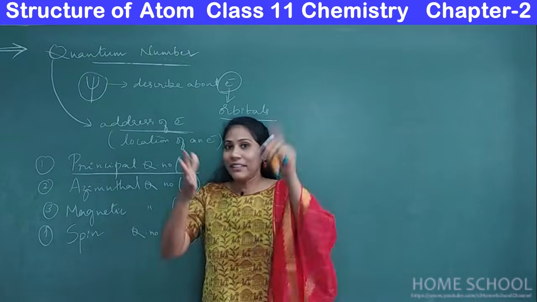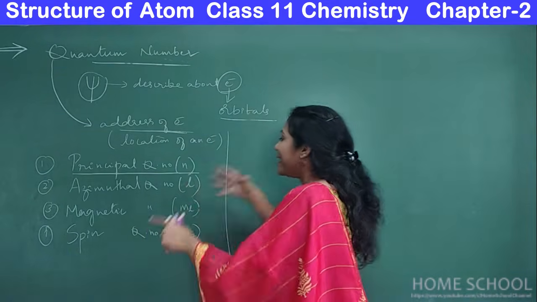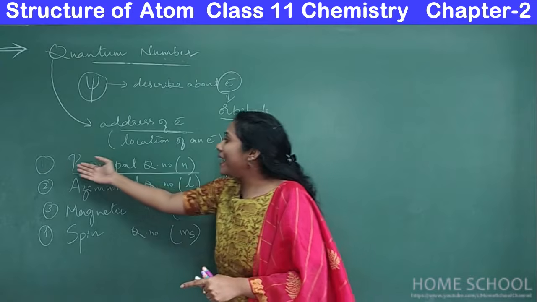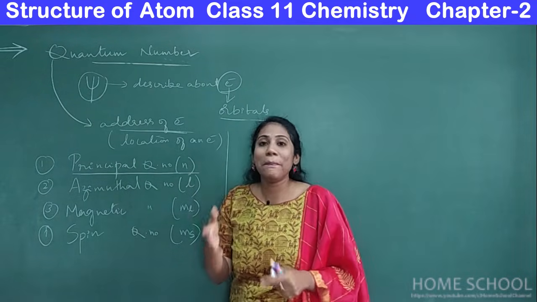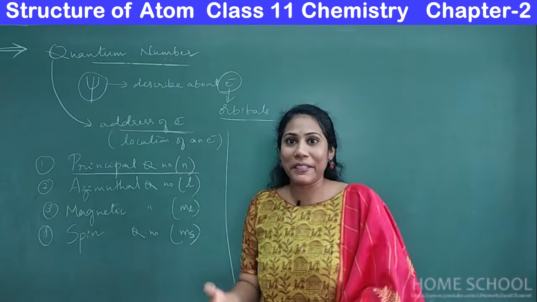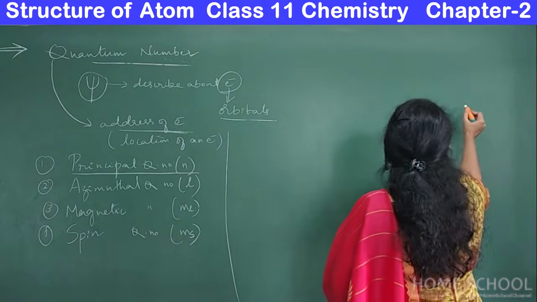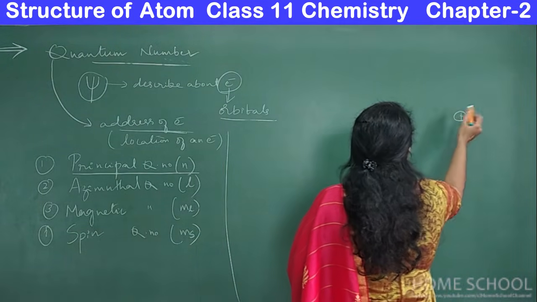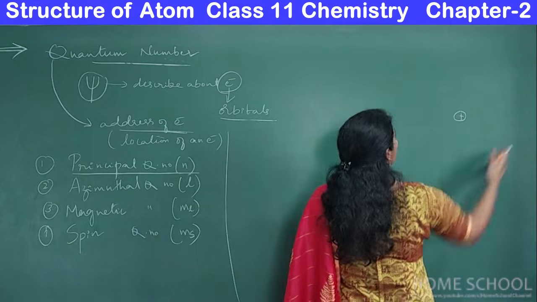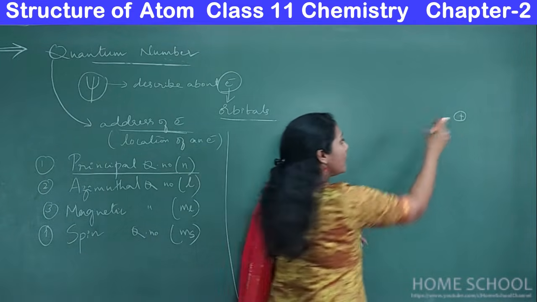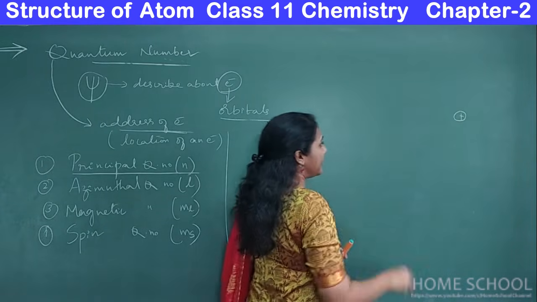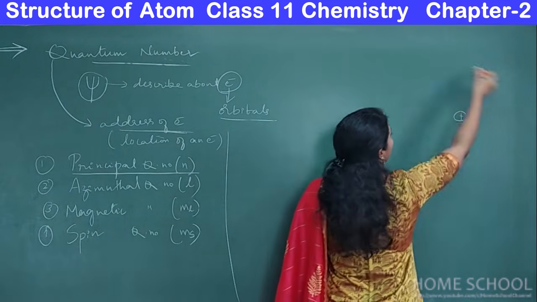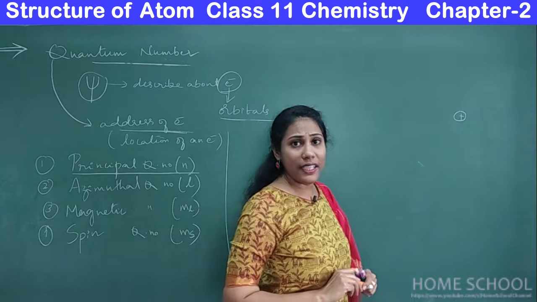First we will mention the state. State is designated by the principal quantum number. Principal quantum number is just like a state. So imagine your atom is one country. You have the nucleus at the center and this is the empty region present around the nucleus.